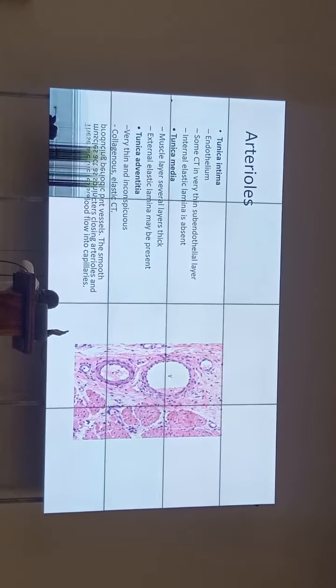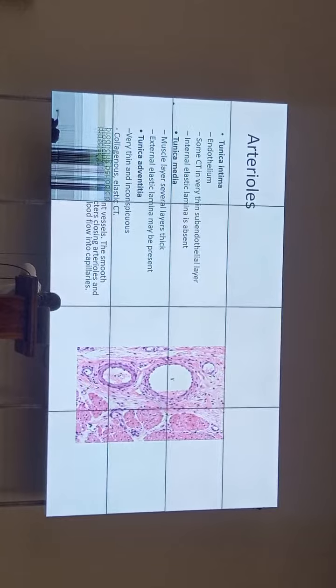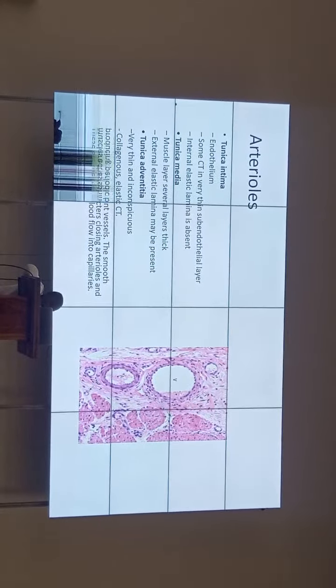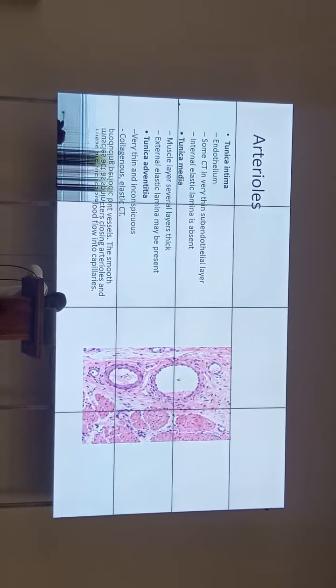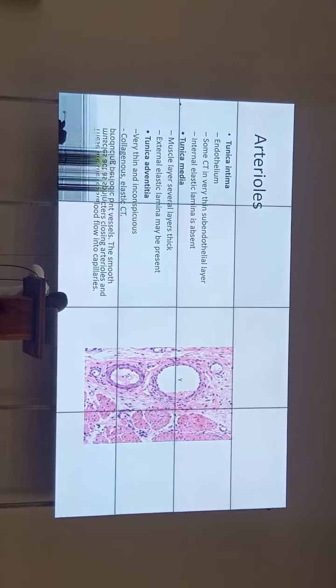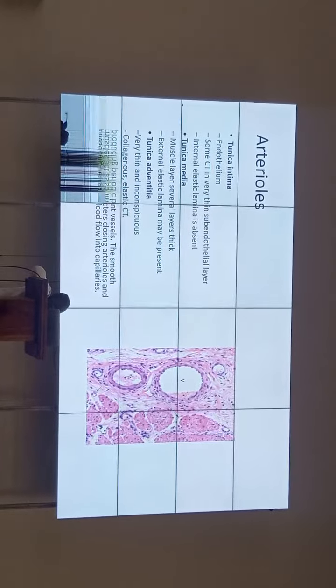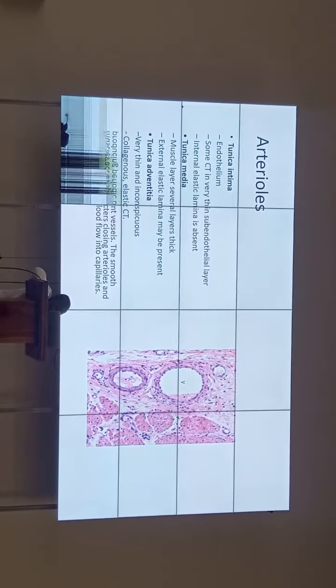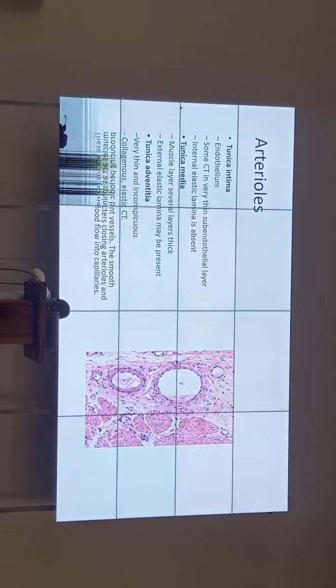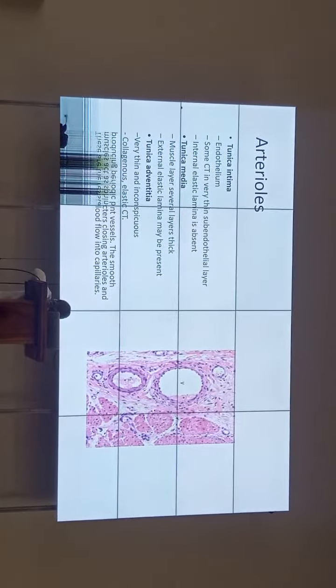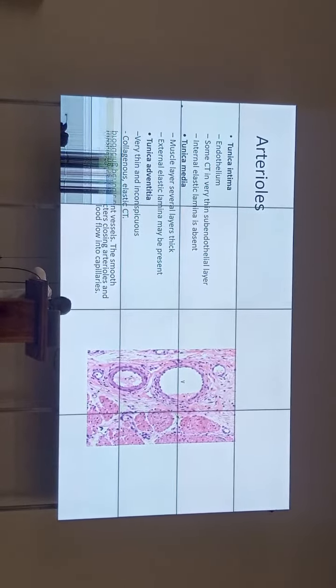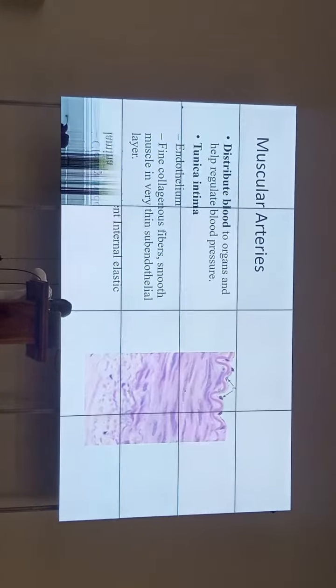Are you seeing that we are now seeing some differences, isn't it? How about the tunica adventitia? The tunica adventitia is extremely thin and may not even have the vasa vasora. Is that clear? Yes.